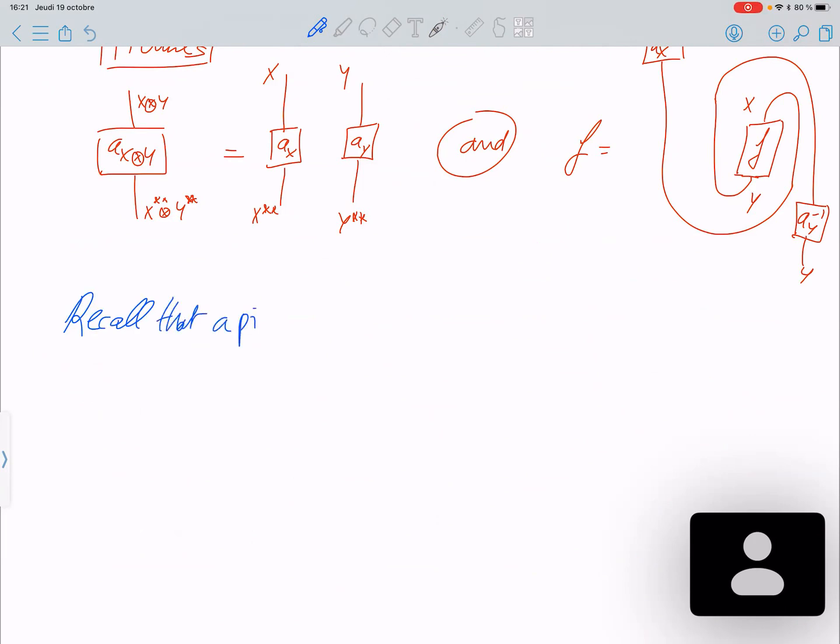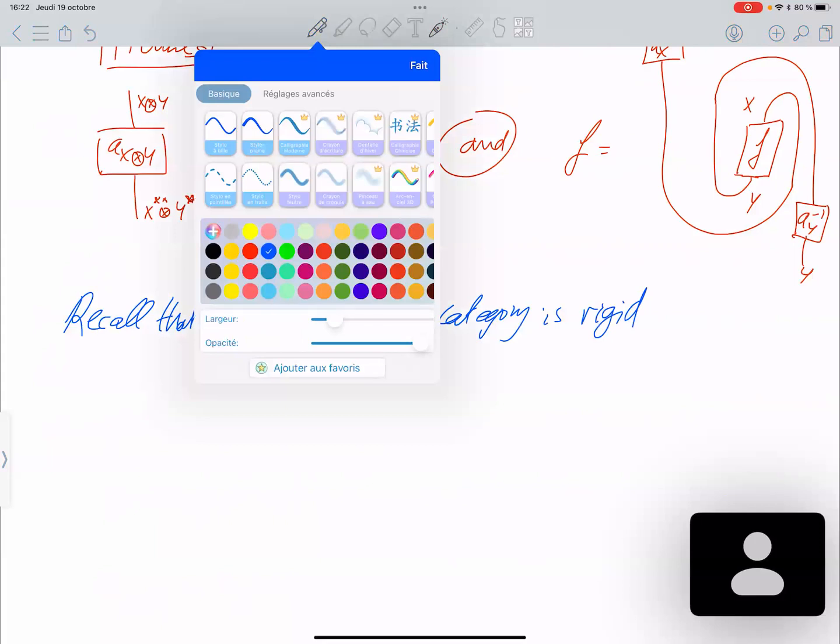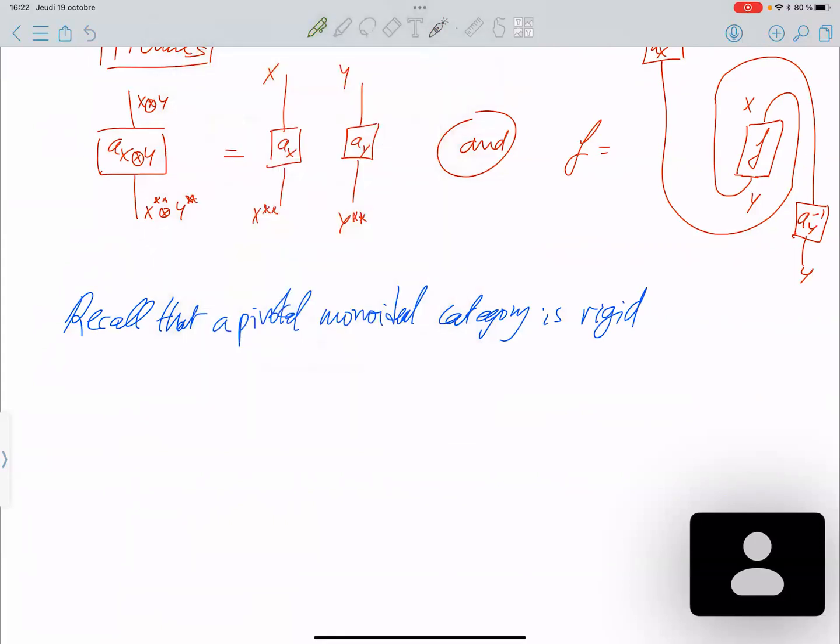Recall that a pivotal monoidal category is rigid. So existence of left dual plus pivotal structure implies existence of right dual. This is exactly what I mean here. Rigid, which means it has left and right dual.